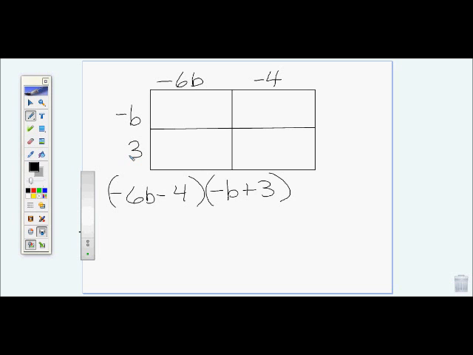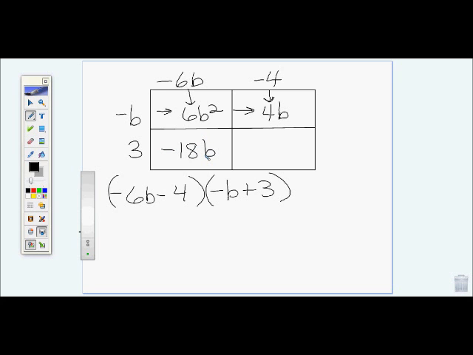Negative 6b times my negative b is going to give me a positive 6b squared. Negative 4 times negative b would give me a positive, negative times negative, 4b. Negative 6b times 3 would give me a negative 18b.